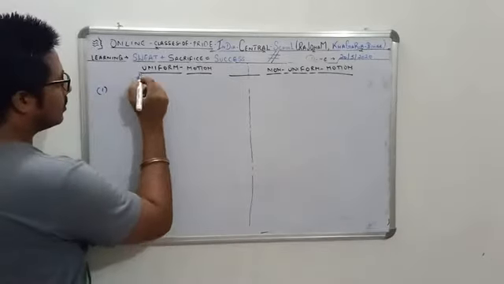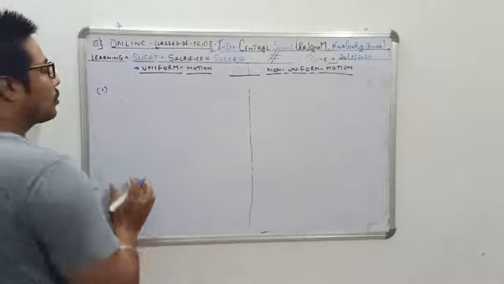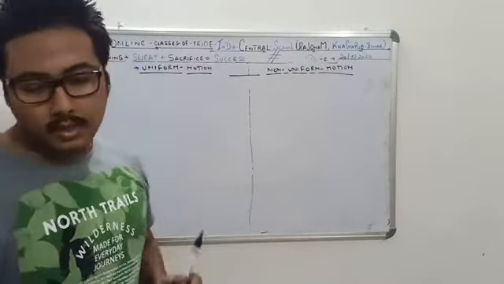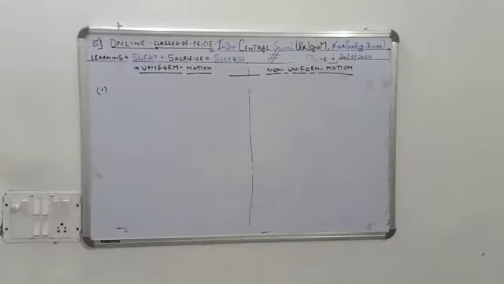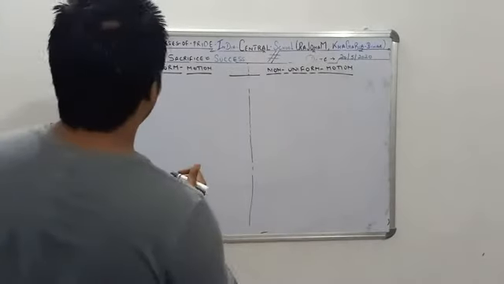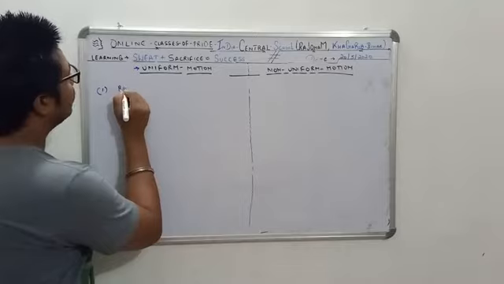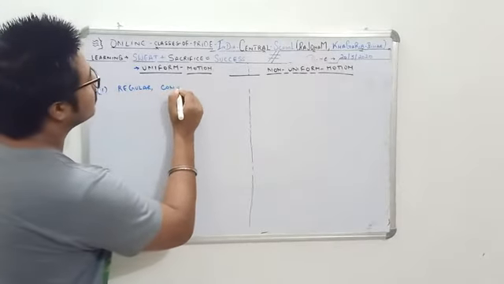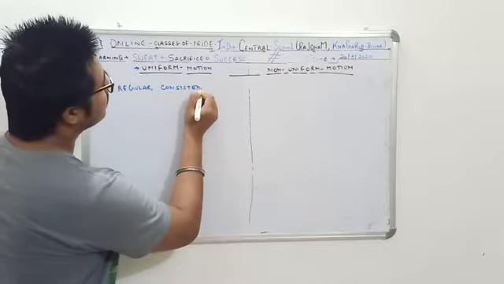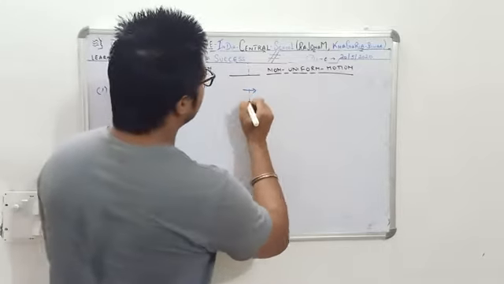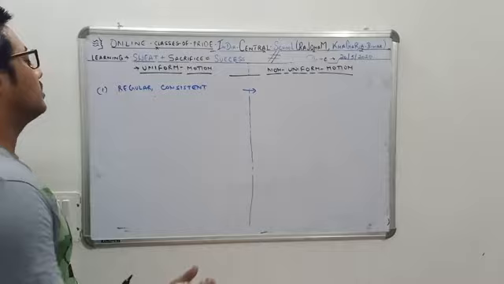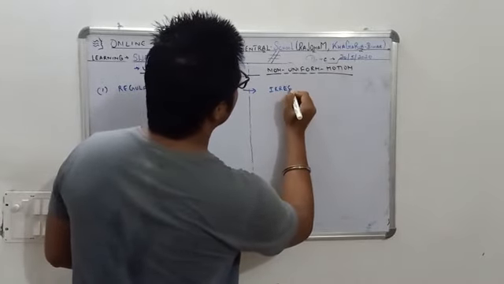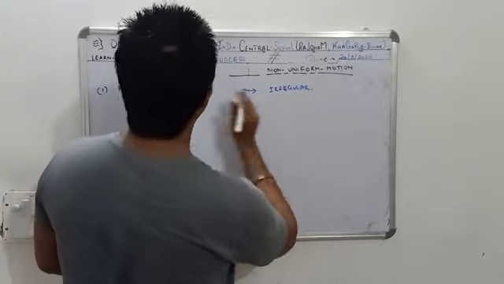So what is uniform motion? If you listen to this word properly, the word itself says uniform. That means regular, consistent. The opposite of this is irregular, inconsistent.